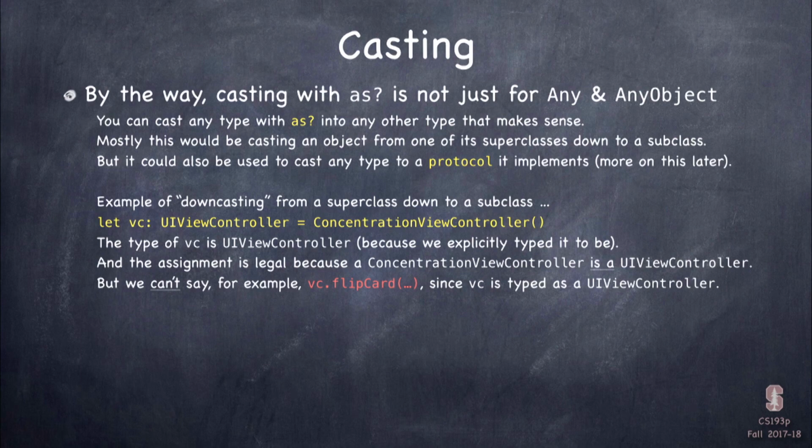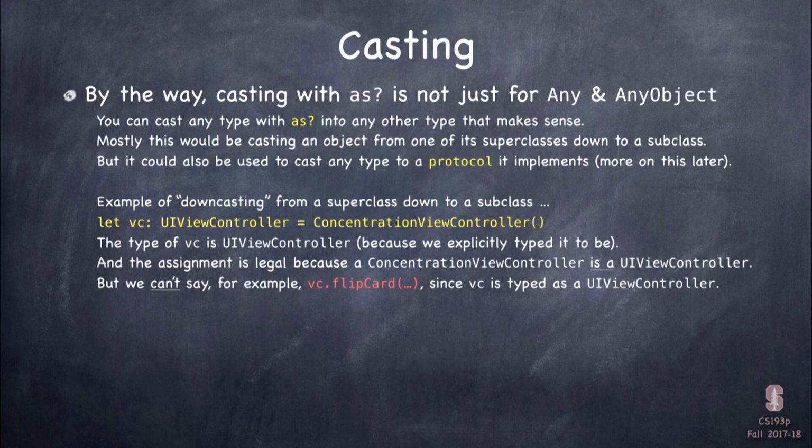Now I'm setting it equal to a ConcentrationViewController, which is a subclass, let's say, of UIViewController. Even though I assign to it a ConcentrationViewController, the type of vc is still UIViewController, not ConcentrationViewController. But this is a legal statement because a ConcentrationViewController inherits from UIViewController and thus is a UIViewController.